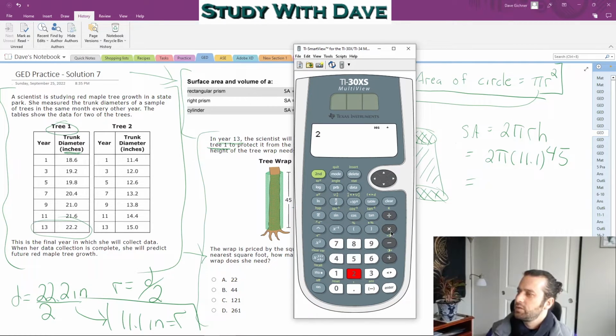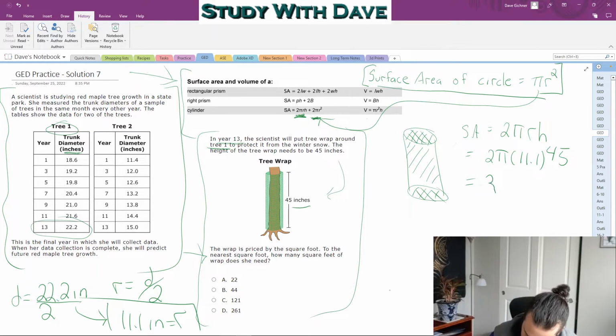So 2 times pi, which we'll just put in 3.14, times 11.1 times 45. That's going to give us 3136.86 inches.